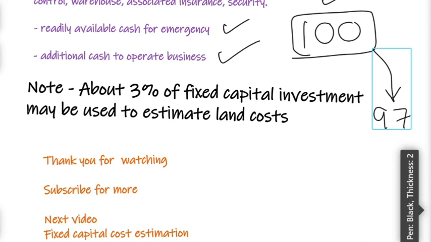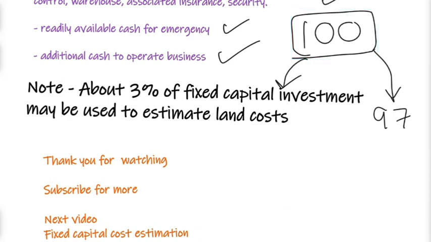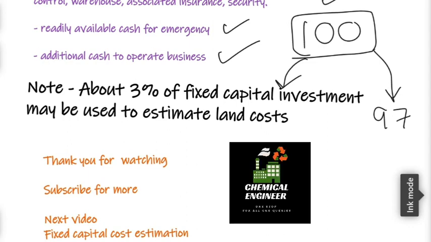But the other 3 rupees are saved for the land cost. So out of this 100, 3 rupees, or 3%, are for the land cost. Always remember, this is an important question for GATE: about what percentage of fixed capital investment may be used to estimate land cost? The answer should be 3%.